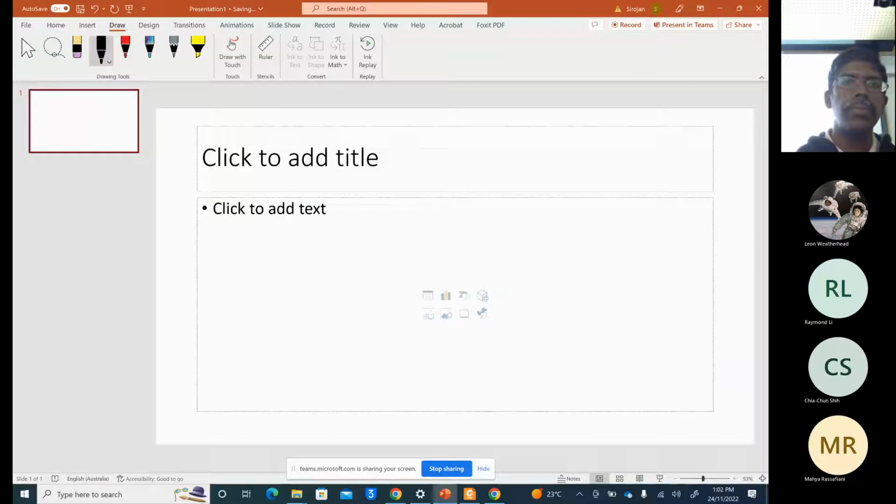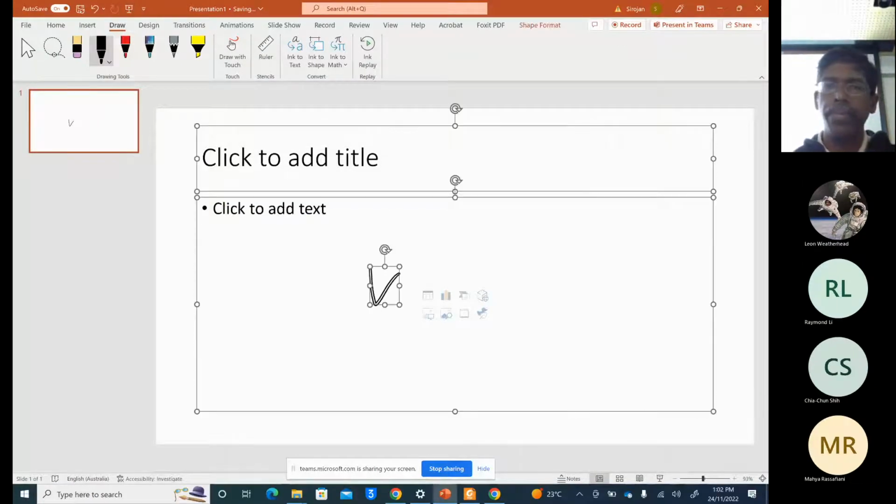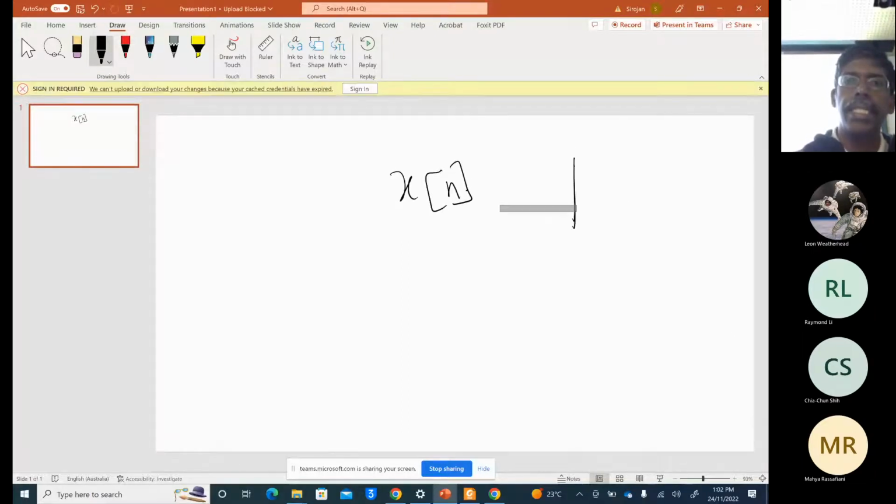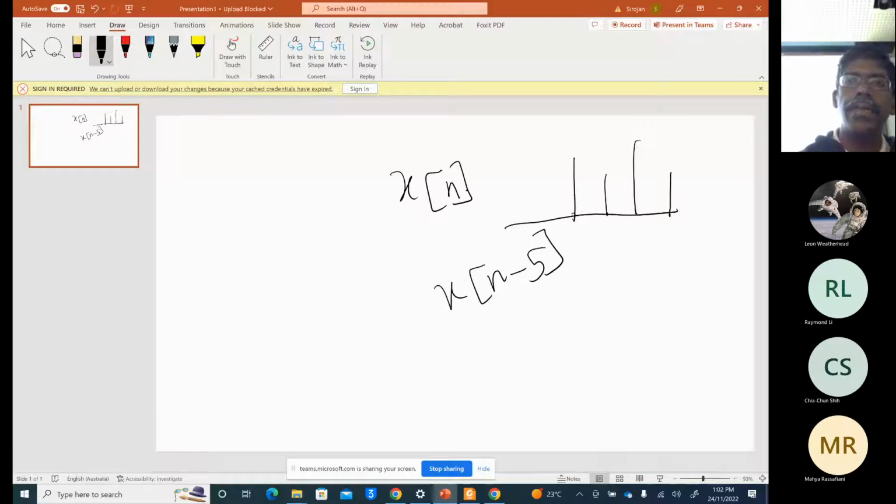For example, if you are given a signal x[n] like this, and you want a shifted signal, say x[n minus 5]. Here this is 0, this is 1, 2, 3.